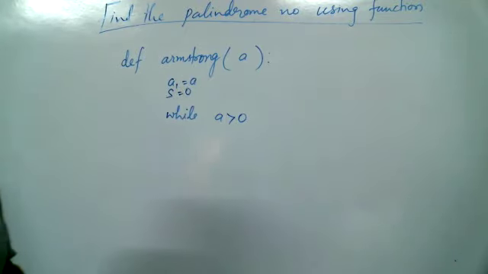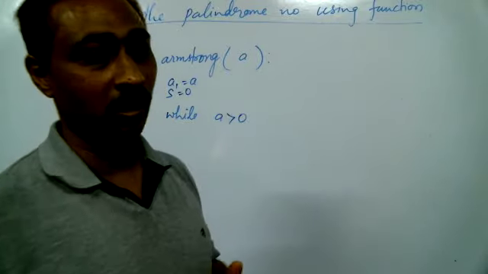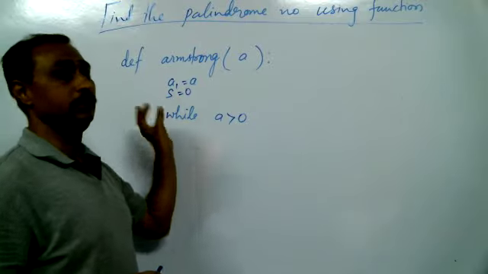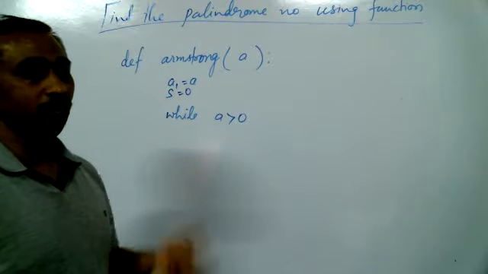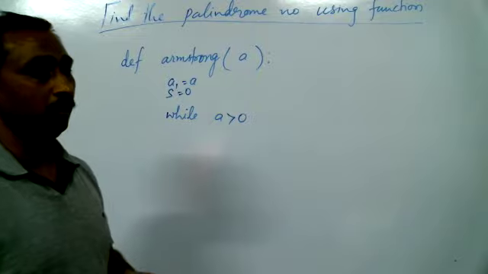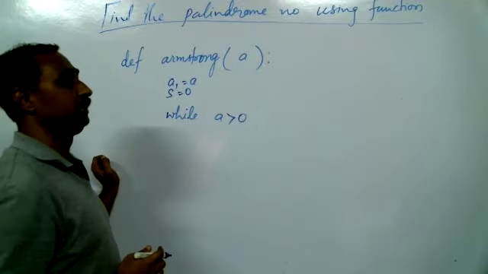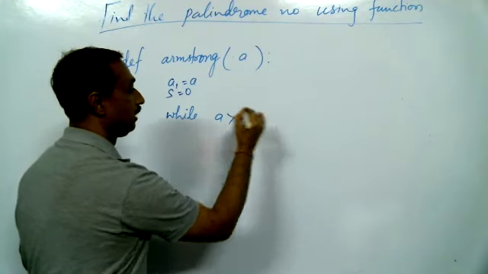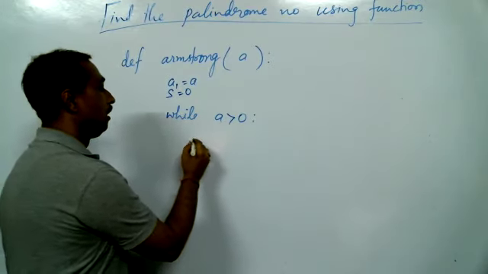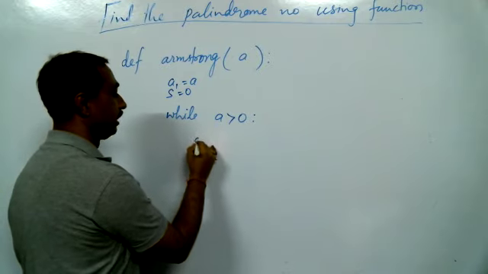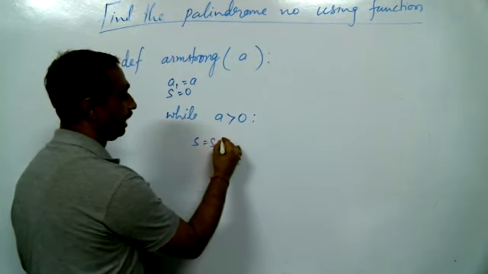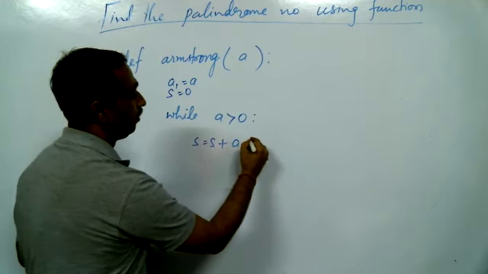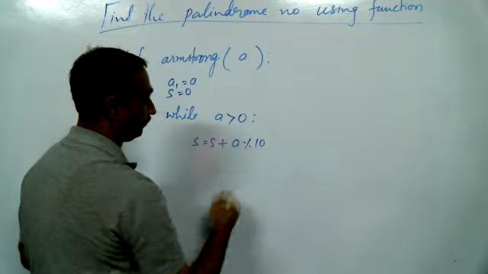So I am taking one more variable, a1 equal to a. a1 is the duplicate copy of a, and s is the variable which is going to store the sum of cube of digits of the number. So for finding the cube of digits of the number, we are running this loop. And what we will do, we will find the sum s equal to s plus a percentage 10.